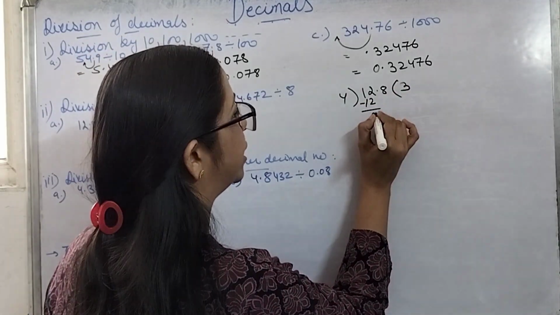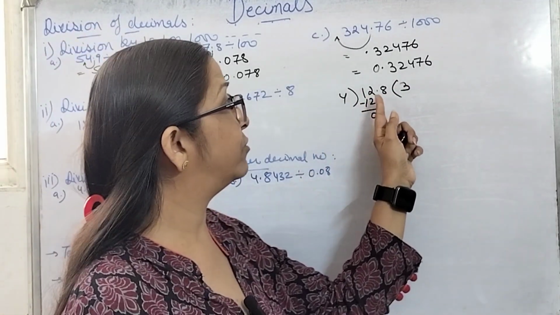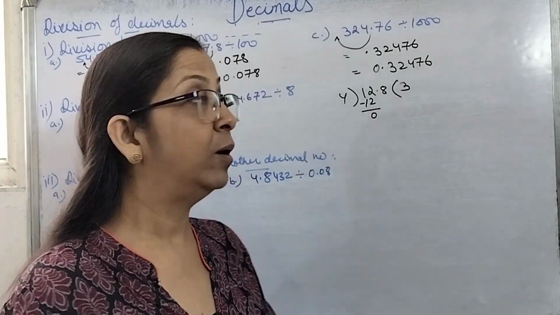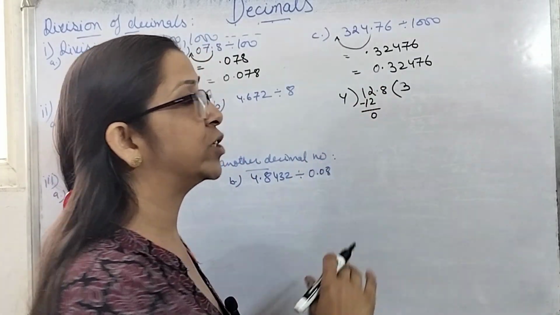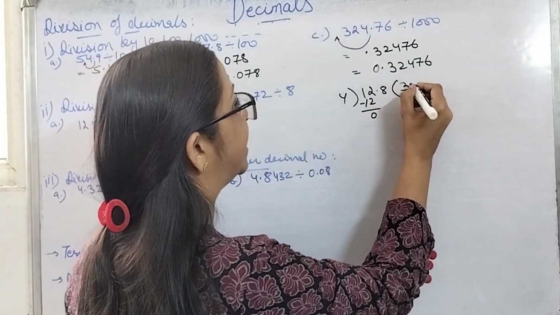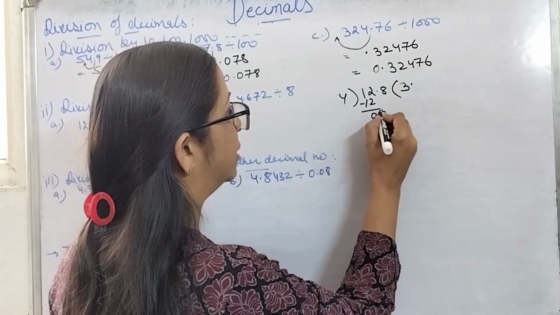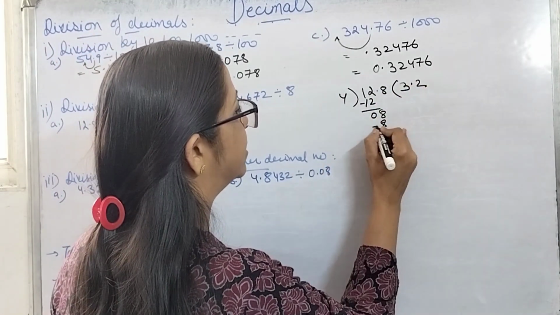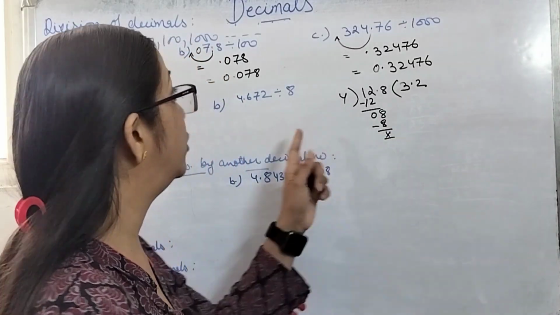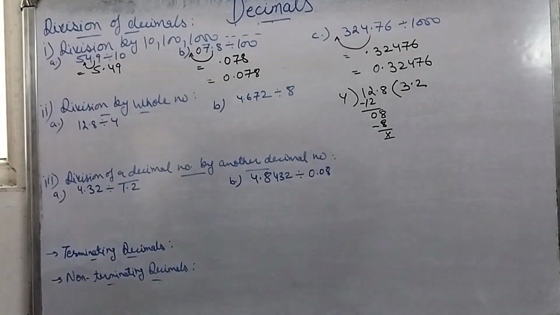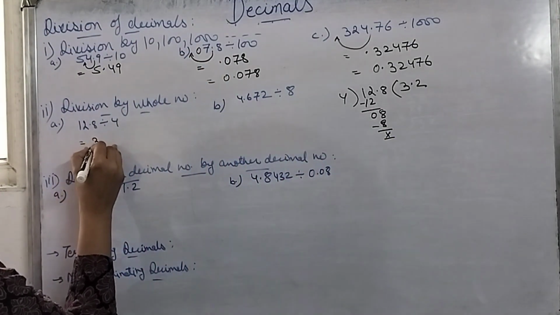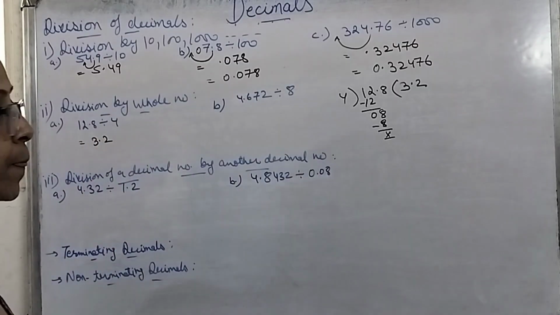Subtracting it, it is your 0. Now we are taking the digit which is after decimal. Once we are taking the digit which is after decimal, we will keep the decimal in the quotient. Now we will be taking this 8. 4 2s are 8. Subtracting it, remainder is 0. So when we divide 12.8 by 4, we will be getting 3.2.